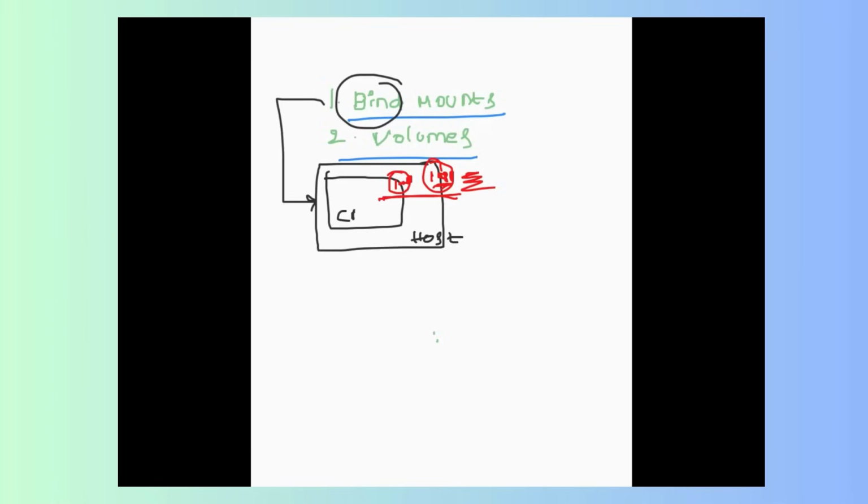So even if the container goes down, the slash app folder is already available on the host. Whenever next time a new container comes up, let's say you created a new container C2, you can again bind that container with the same slash app folder on the host, so that the information is not lost.